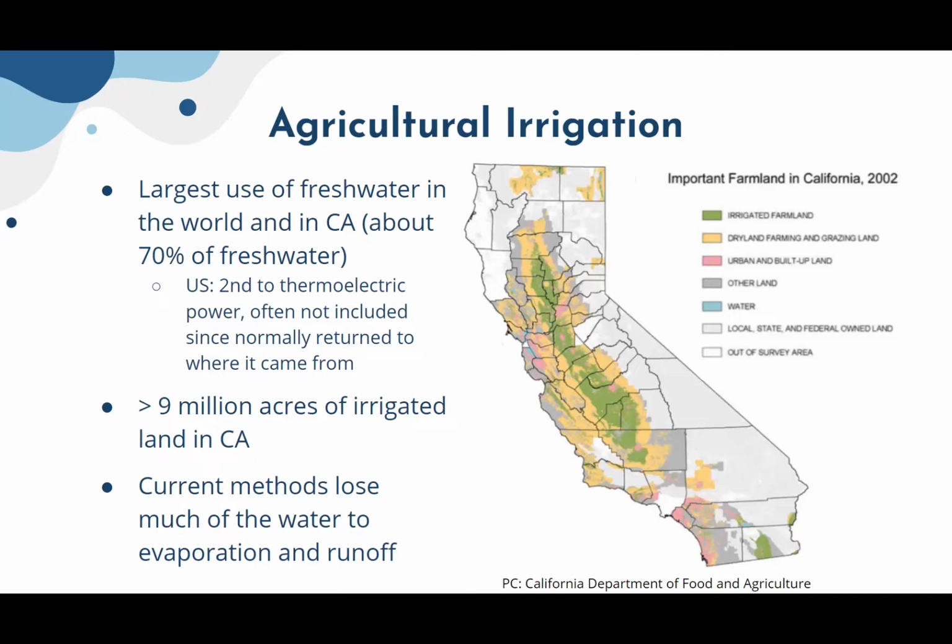So irrigation is a really large part of our water use. And that is because, as we can see on the right, we are a big state with a lot of farmland. So the green areas are our irrigated farmland, and the yellow areas are dry land farming and grazing lands. So as we can see, that takes up a lot of Central California, the breadbasket.